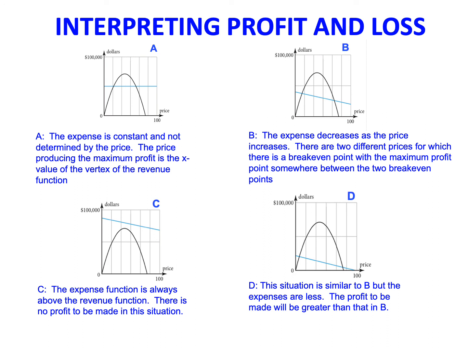Graph C is a sad situation. The expense function is always above the revenue function. There is no profit to be made in this situation. And in graph D, this situation is similar to B, but the expenses are less. The profit to be made will be greater than that in B.